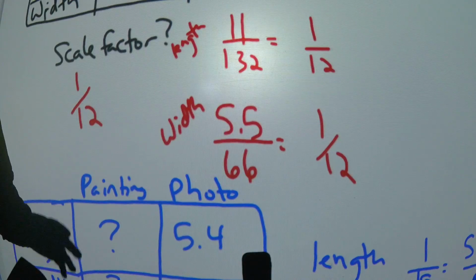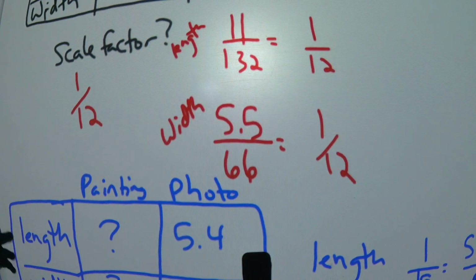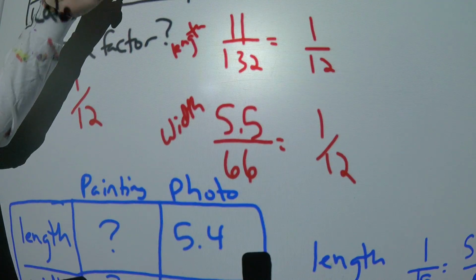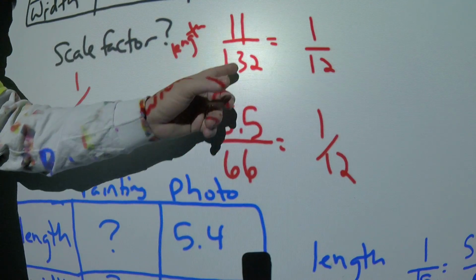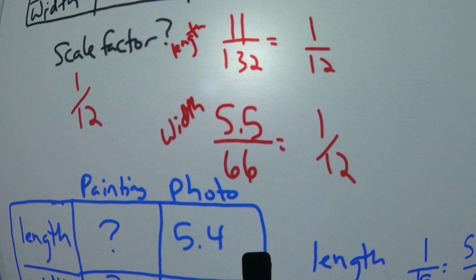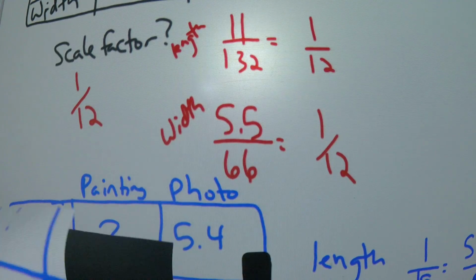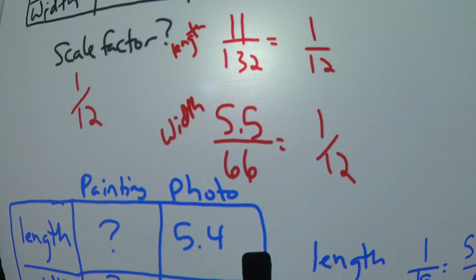All right. Now, in order for it to be the correct size, you have to have the same scale factor for both the length and the width. Otherwise, it's not scaled. It's not a true scale model, because if they do not have the same factor for both length and width here, then it's not true. Then it just means that they've made something smaller, but it's not to scale.